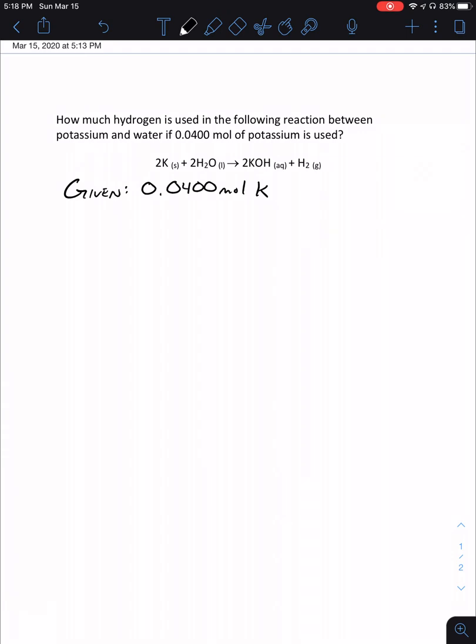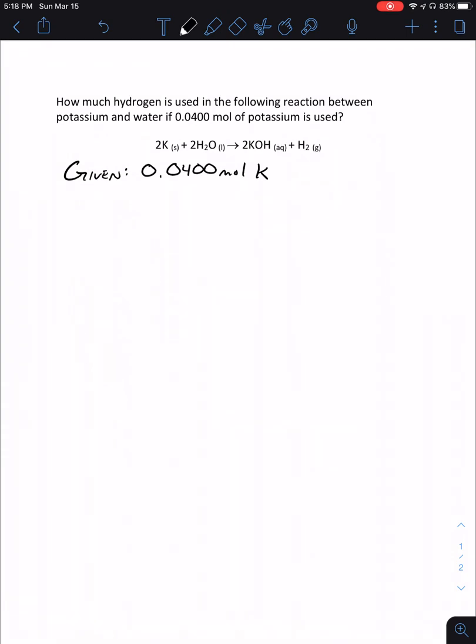So this is kind of the formula. We go moles of known times moles of unknown over moles of known, and that will give us moles of unknown.